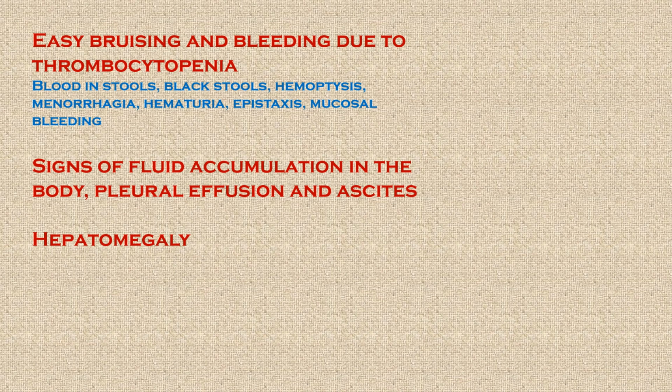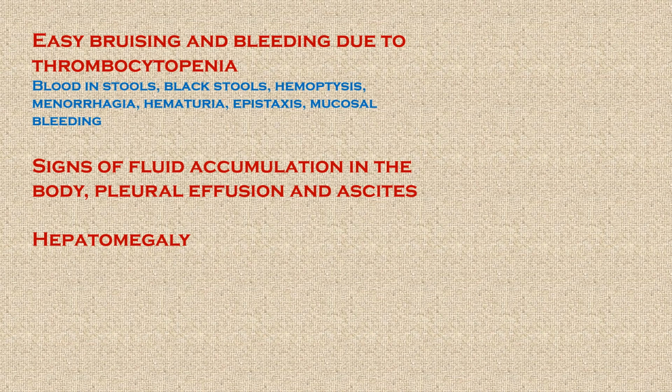Signs of fluid accumulation may be seen in the body in the form of pleural effusion and ascites. Pleural effusion is accumulation of fluid in the lungs, and ascites is accumulation of fluid in the peritoneal cavity.